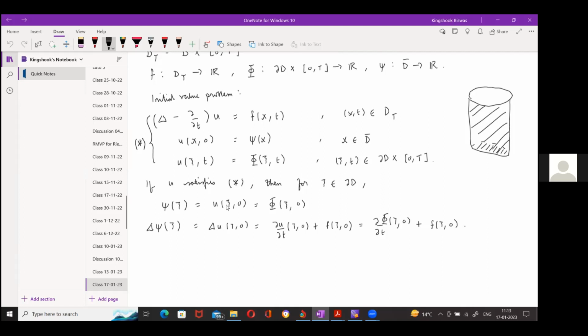And at time 0 on the boundary, u is equal to capital Phi, so del u/del t will become del Phi/del t at (xi, 0), plus f of (xi, 0). Okay, so we get another compatibility condition: Laplacian of psi at xi, a boundary point, is equal to del Phi/del t at (xi, 0) plus f of (xi, 0), right?